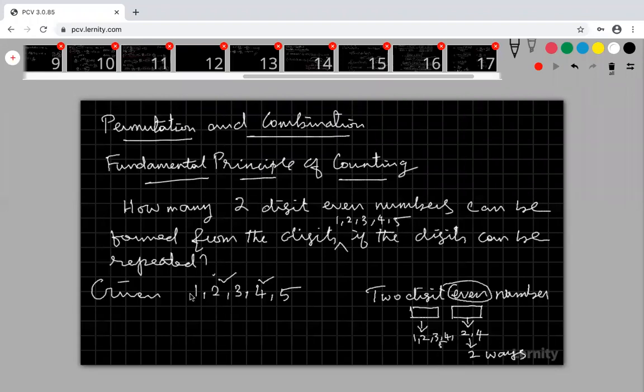Why can't you take 6, sir? Because only 5 numbers are given. You have to use these numbers only. So in how many ways can I fill my tens place? 5 ways.